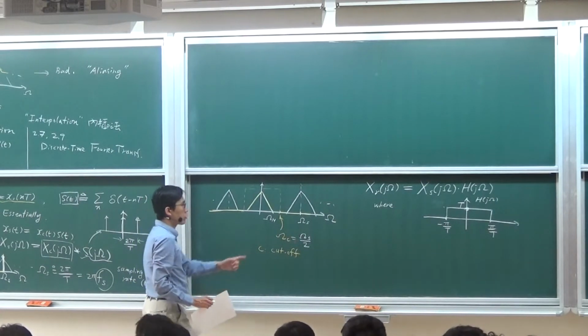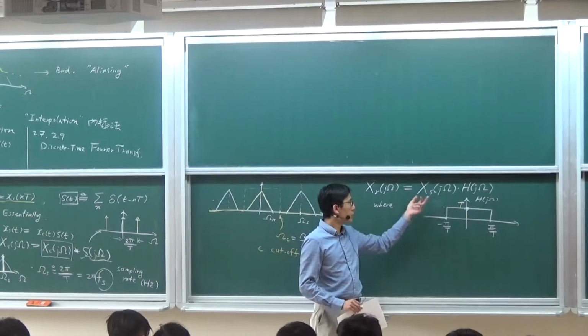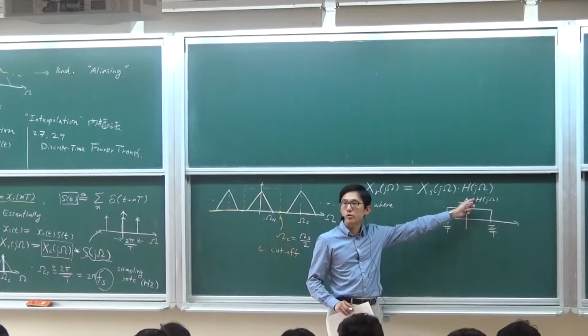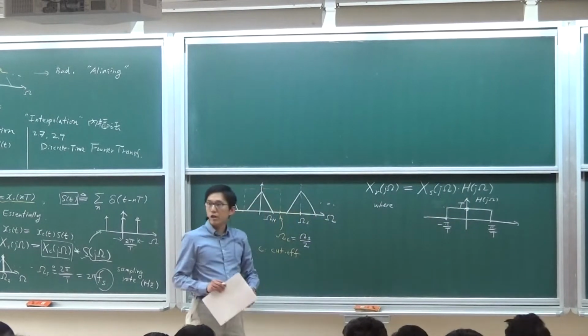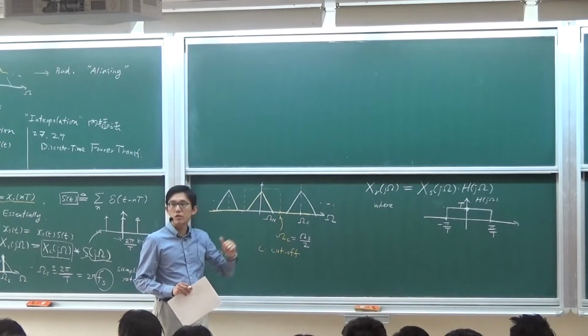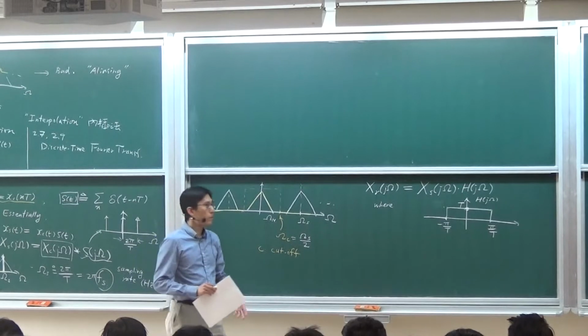So we have a multiplication. This is filtering, right? Filtering means that we have a spectrum, and we're multiplying it with the frequency response. But in the time domain, multiplication in the frequency domain is equivalent to convolution in the time domain.